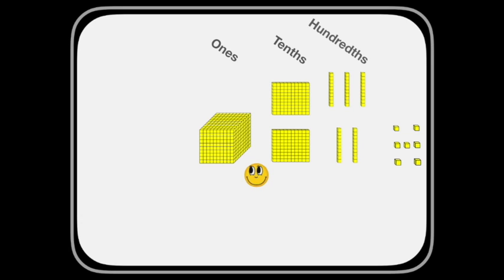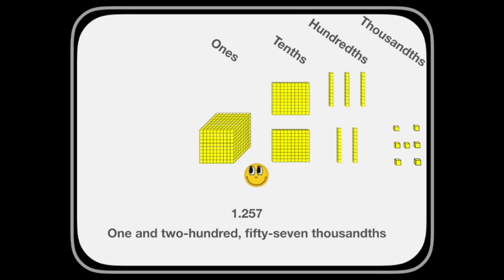I know these are hundredths because it takes 100 of these rods to make that large cube. And these are thousandths because it takes 1,000 of these little cubes to make the large cube. And my new number is 1 and 257 thousandths.